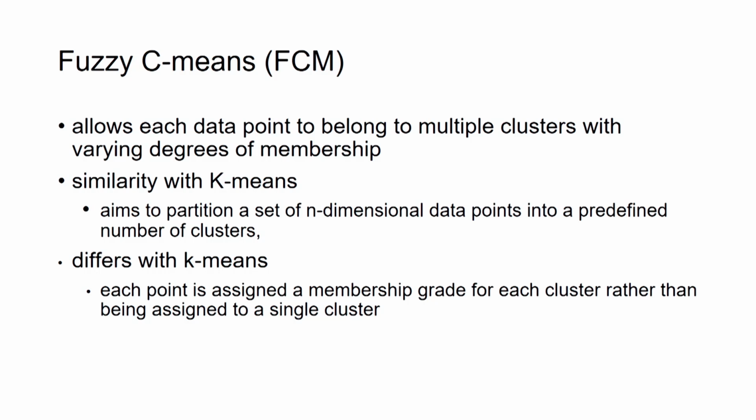And now we will see what is the difference between fuzzy C-means clustering and the clustering algorithms that we have seen so far. The difference is that each point is assigned a membership grade for each cluster rather than being assigned to a single cluster, as we have done in the previous clustering. So, here each point can belong to more than one cluster with some membership grade or membership degree.